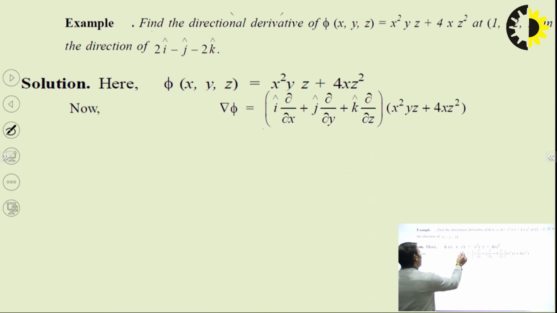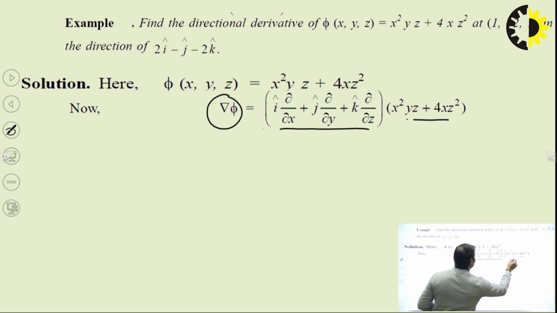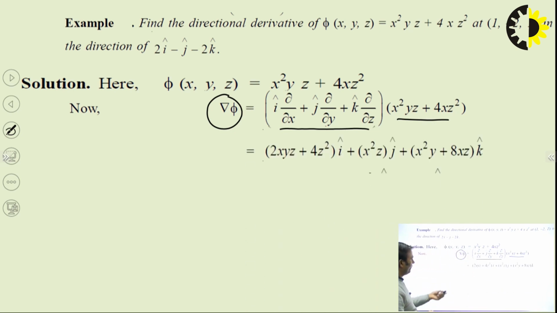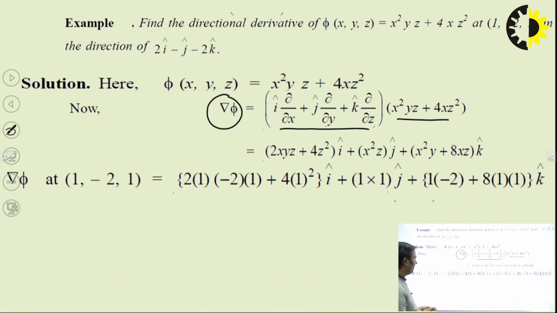So first of all, to calculate the directional derivative, we must calculate the gradient value, right? Gradient is nothing, it is the partial derivative combination on the scalar function given to us. We will differentiate this function very easily. Student, we can put the values of x as 1, then y is minus 2 and z is 1.